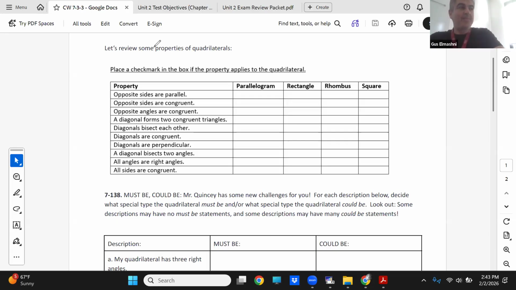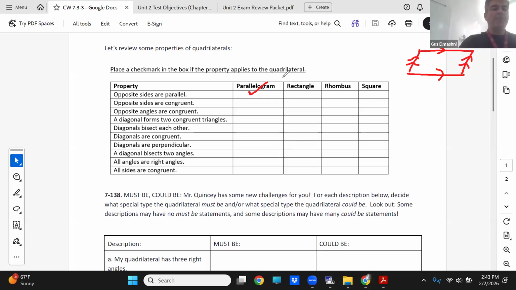Yes, it is, because what's the definition of a parallelogram? A parallelogram looks like this, right? That's your typical parallelogram. These sides are parallel, and those sides are parallel. So 100% making that statement is sufficient. That would be a must be. So if opposite sides are parallel, must it be a parallelogram? Yes. That's the whole definition of it.